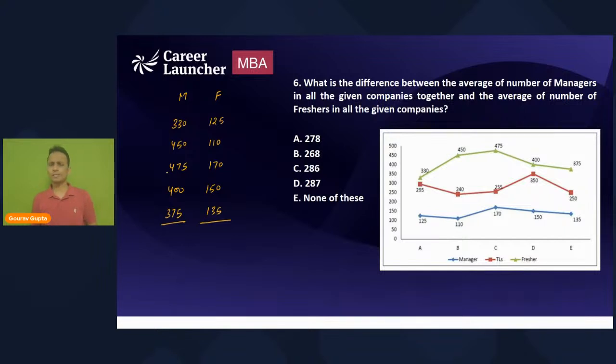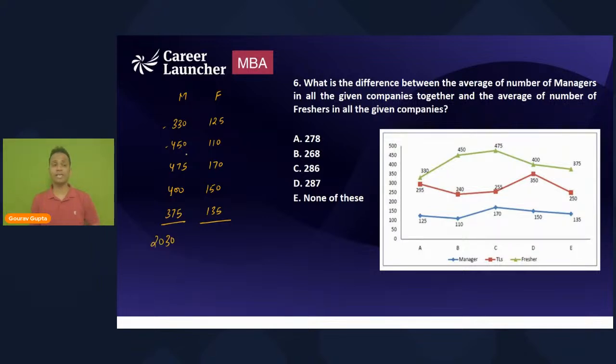Now, another way is, after calculating the sum of managers and the sum of freshers, you can take the difference and then divide it by 5. So I'm doing it in that manner. If I add the number of managers: 330 and 450, 700, 1100, 1500, 1800, then 1900, 50, 2000, 2030.